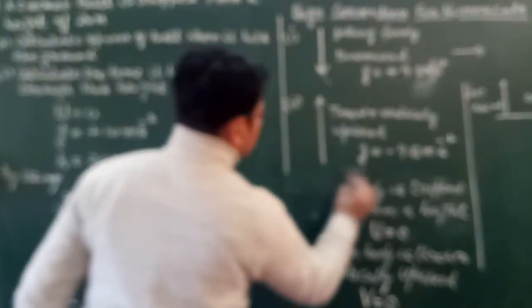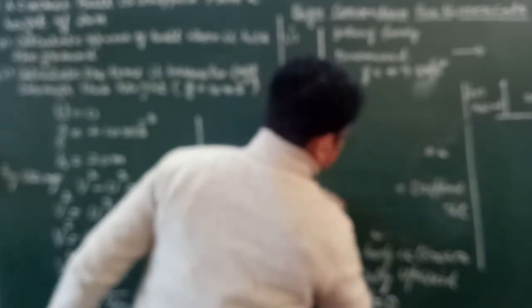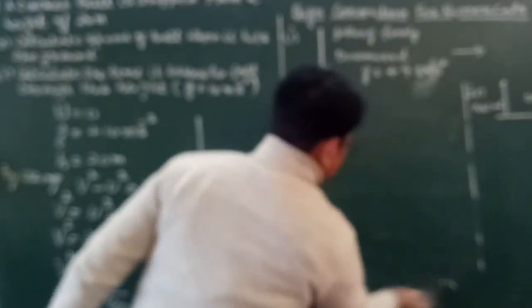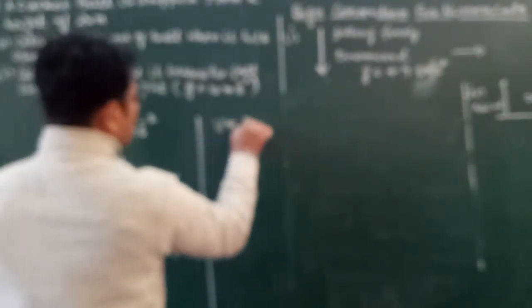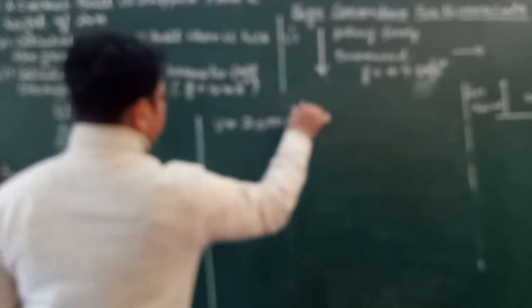The second thing which you have to calculate is the time it takes to fall through this height. So come to the second part. v is equal to 20 meter per second, just calculated.